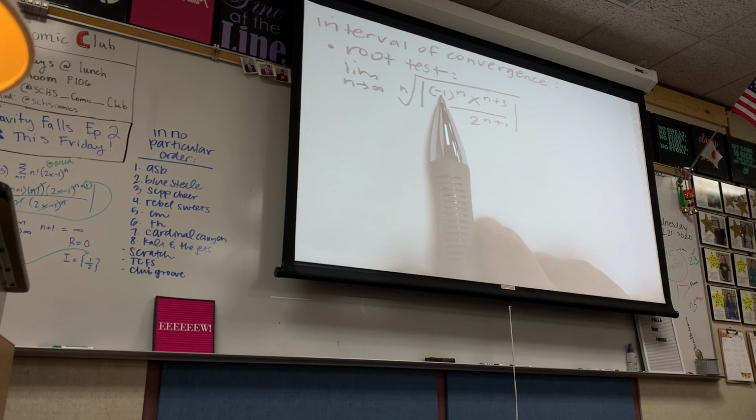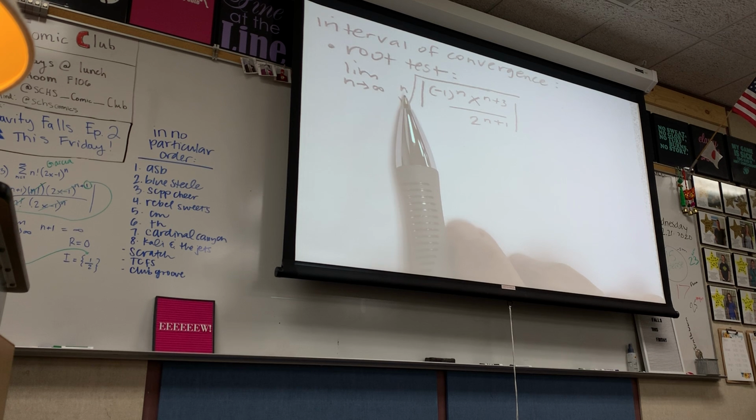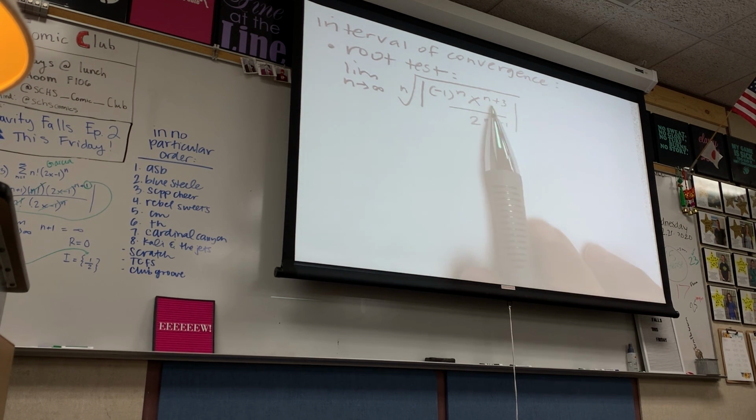Absolute value of negative 1 to the n, that just takes care of that. Remember, this is the same as to the 1/n power, correct? This right here. So remember, it's all of this to the 1/n power, so you distribute the 1/n to everything.